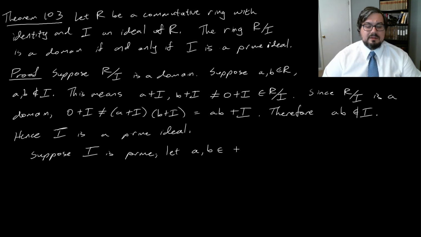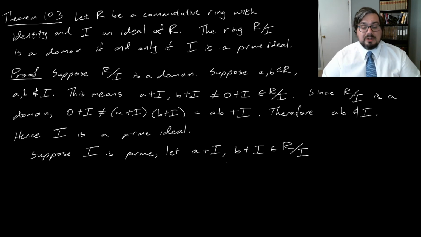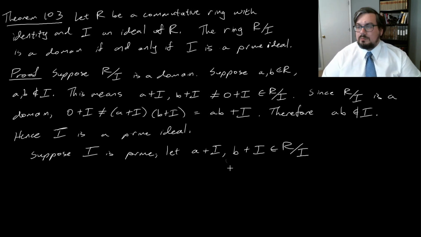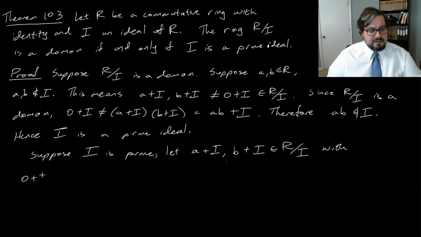Let A plus I, B plus I belong to R mod I. Now, notice that in particular this means that A and B belong to R. Let's suppose that 0 plus I is equal to A plus I times B plus I.